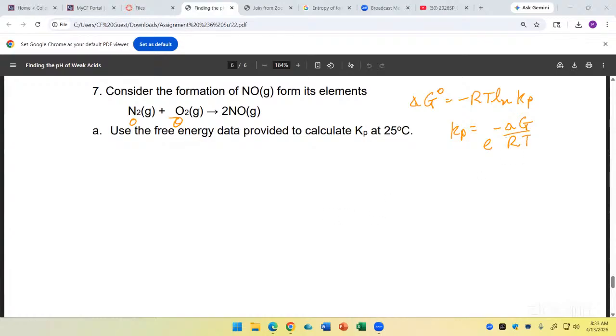So let me come over here and look up the value for delta G standard for NO. And according to this here, that is equal to 86.55.